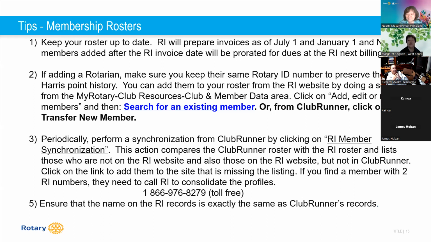Okay, so when you add the Rotarian, you have to check whether they have a history as a Rotarian, because then you need to bring their ID number into your club so they can maintain their Paul Harris point history. You can do that when you input a name into the Rotary International website, under My Rotary.